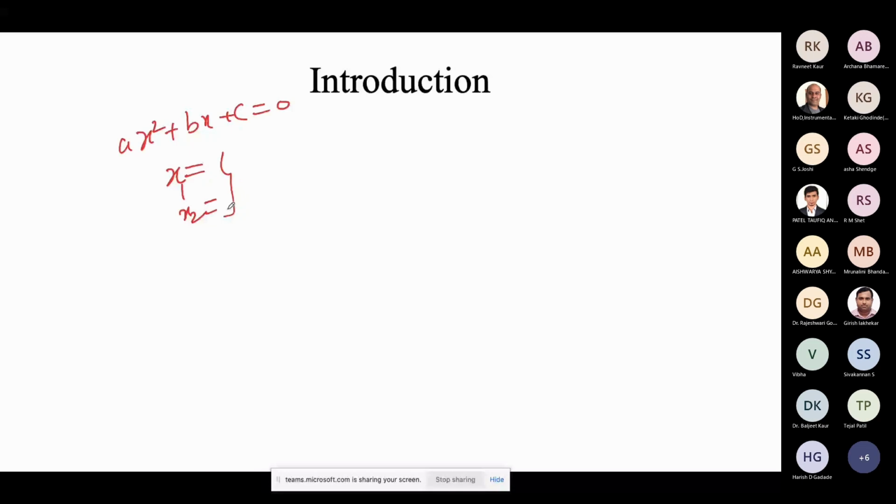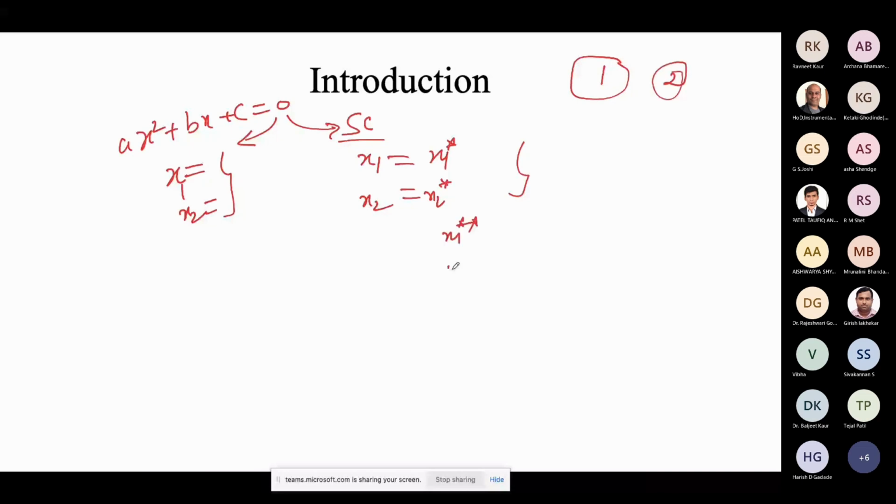But in case of soft computing, what will happen? We will get a different result for x1, x2 each time. Suppose the first time we are doing it, we get some result, x1 star, x2 star, and next time we are getting a different result again, right?